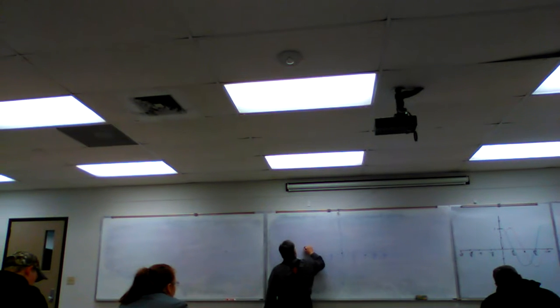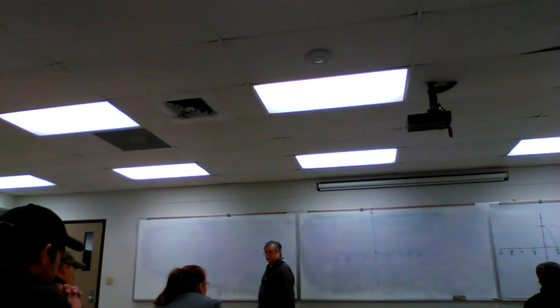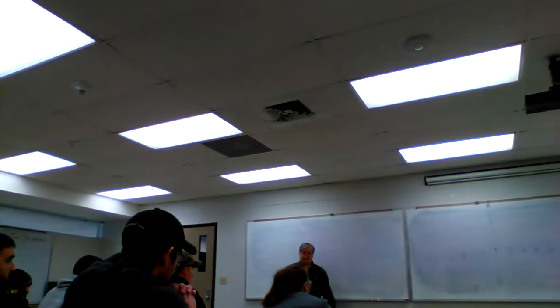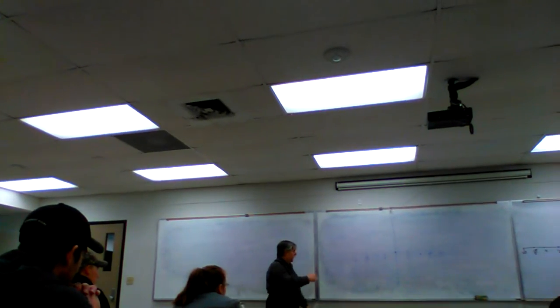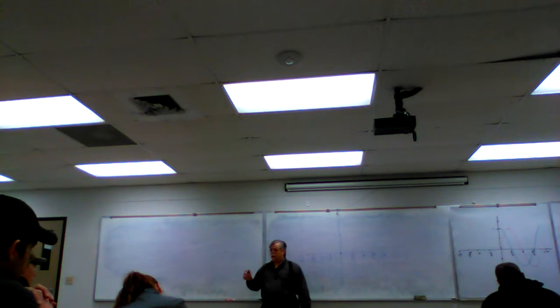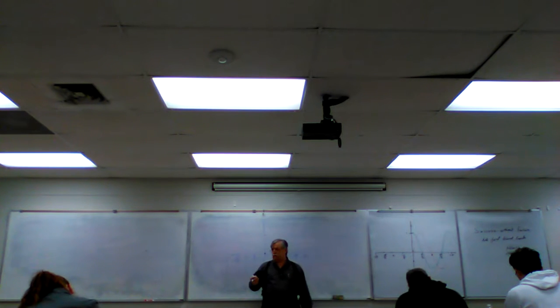X equals 2 pi. And I'm taking time to put in all these little dashed lines for a reason. Those are called asymptotes. They are vertical lines that the value of tangent can get arbitrarily close to, but never touch, can never equal.